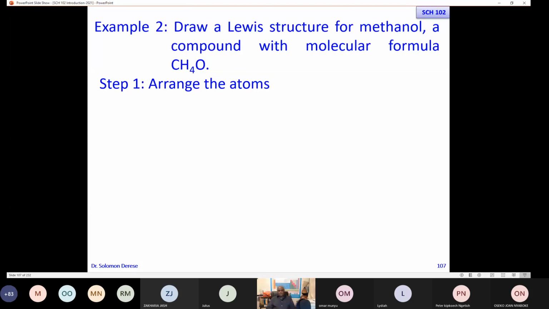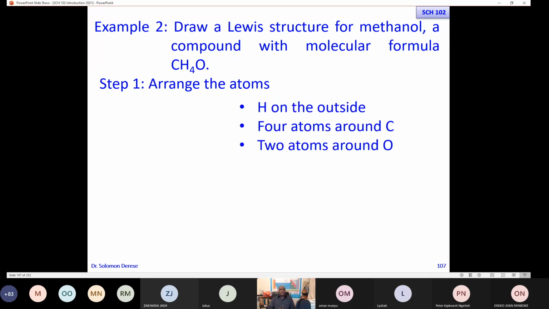When you arrange the atoms, we have 4 hydrogens. Those 4 hydrogens will be on the outside. We have a carbon, and as a first approximation we will not surround the carbon by more than 4 atoms. We have oxygen, and as a first approximation we will not surround the oxygen by more than 2 atoms.